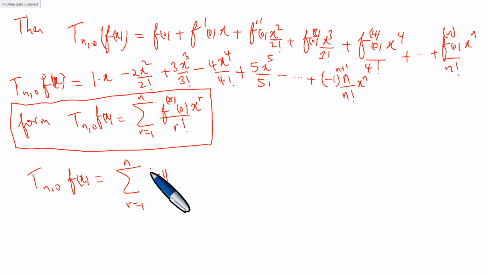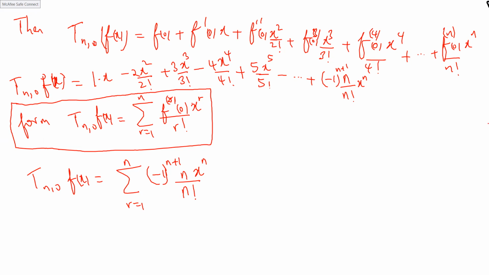It's going to be -1 to the power n plus 1, n, x to the power n over n factorial. So this is what we get.